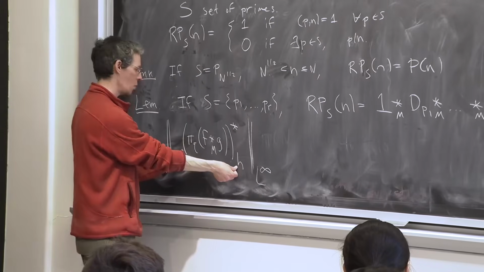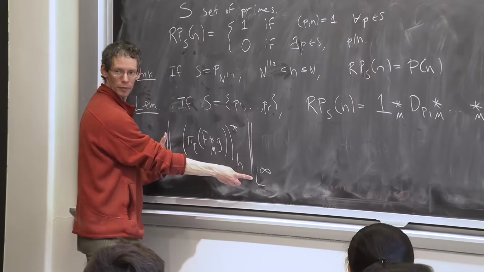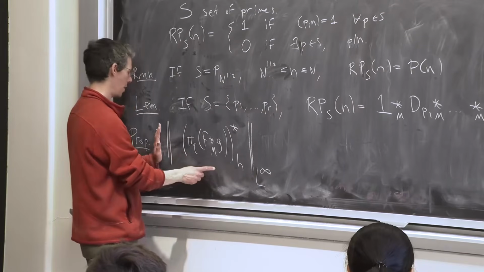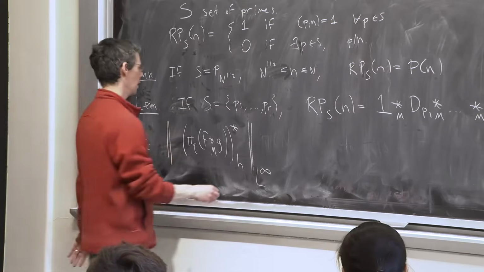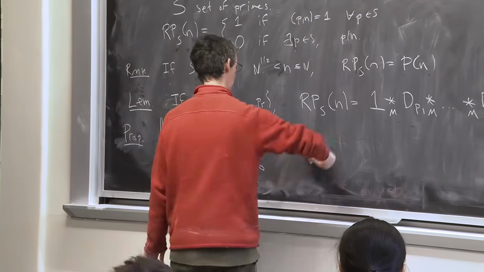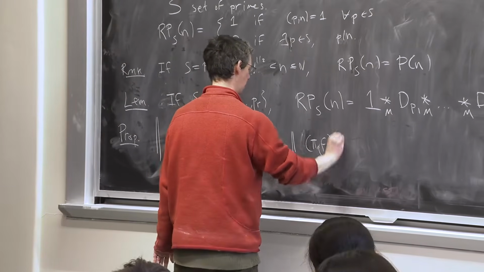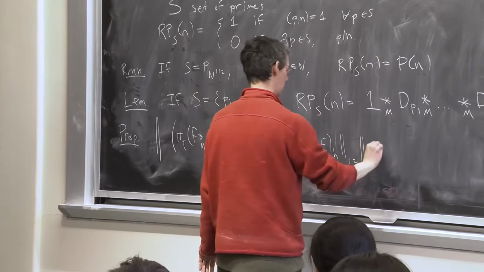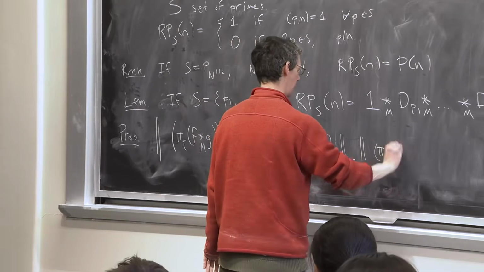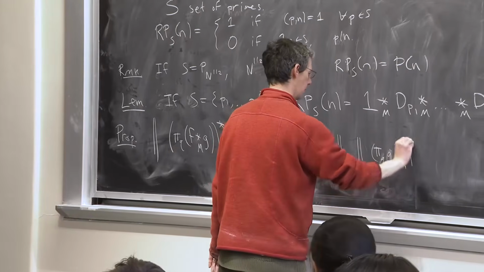And now I want to know that what's left is very small everywhere, so that's an L infinity norm. The Bombieri-Vinogradov theorem is about estimating this kind of thing. And the proposition says that that is smaller than the L2 norm of pi_q of f high times the L2 norm of pi_q of g high.